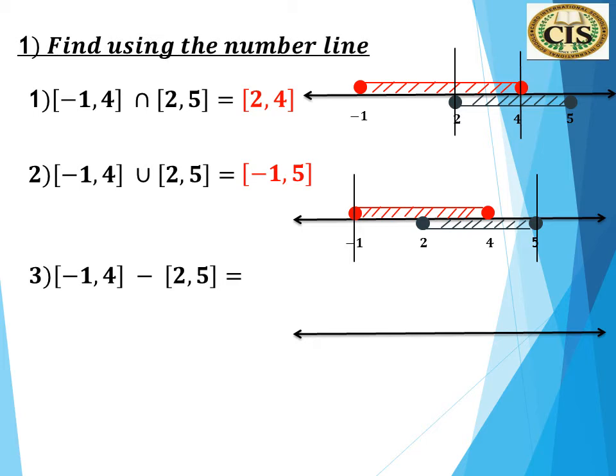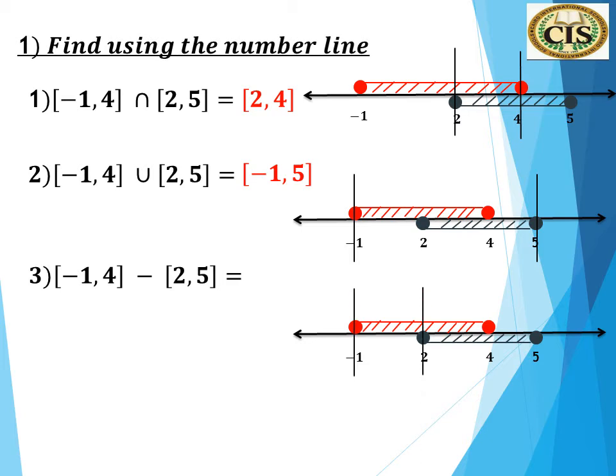Difference means belonging to the first interval and not belonging to the second interval. Negative 1 closed. Represent the two intervals. By represent, we want the part that belongs to the first, negative 1, 4, over the number line, and does not belong to 2, 5, below the number line.